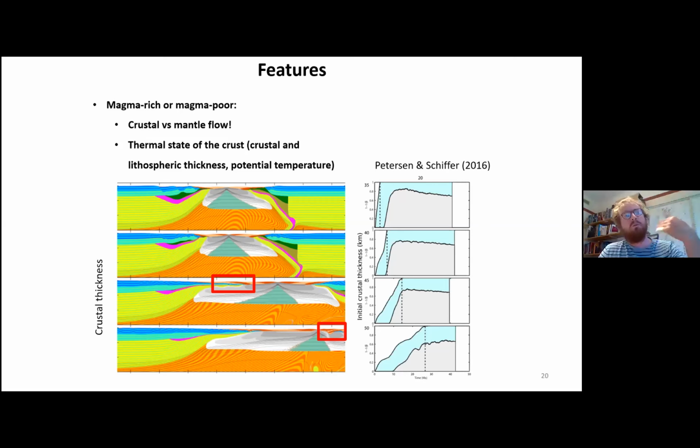So it was producing volcanic margins when we had a thick and warmer crust. This can of course also be modeled in a different way, but the most important thing is the warm crust. And vice versa, a cold crust would have produced non-volcanic margins.